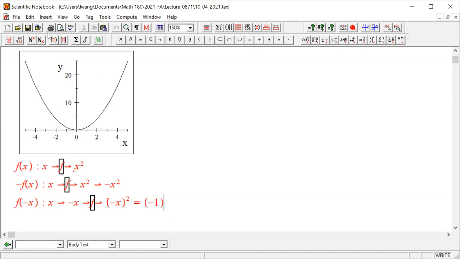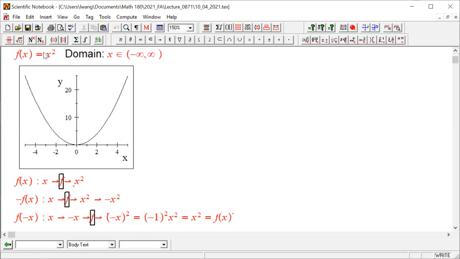It's negative 1 squared multiplied by x squared. Negative 1 squared is always 1, so it's going to be equal to x squared. So f of negative x equals, in fact, f of x, because our f of x in this case is x squared.